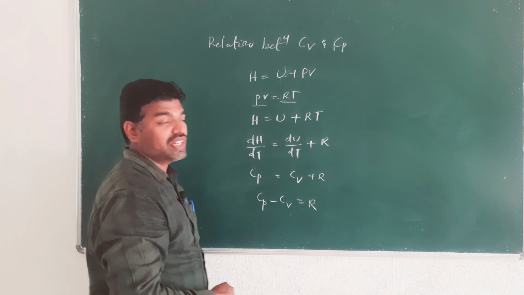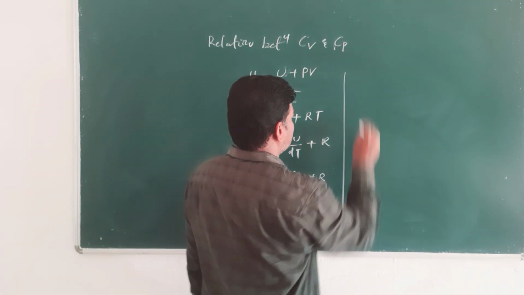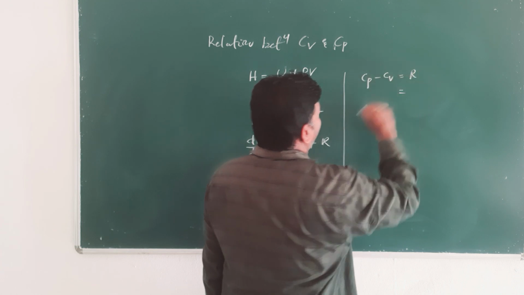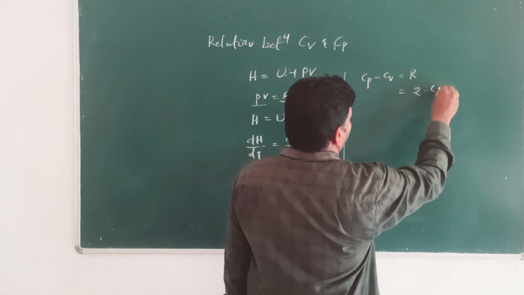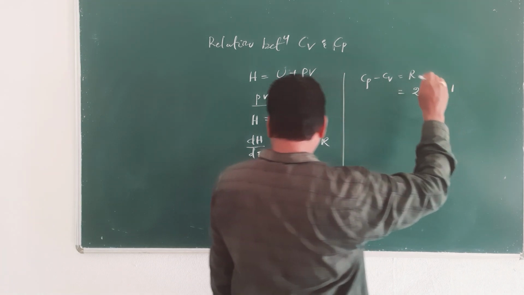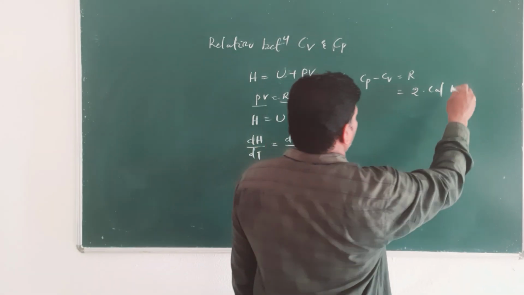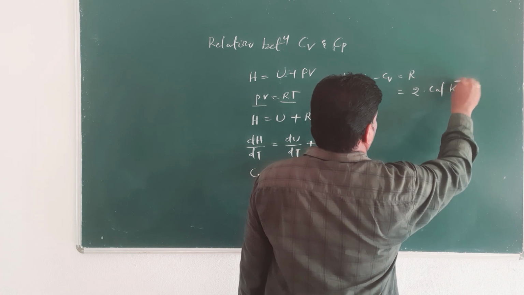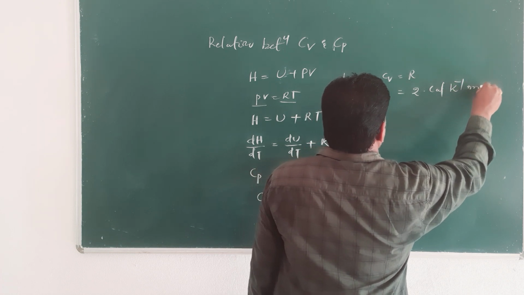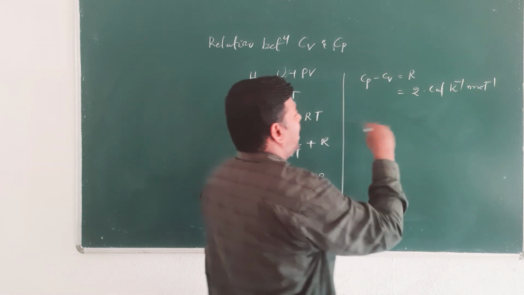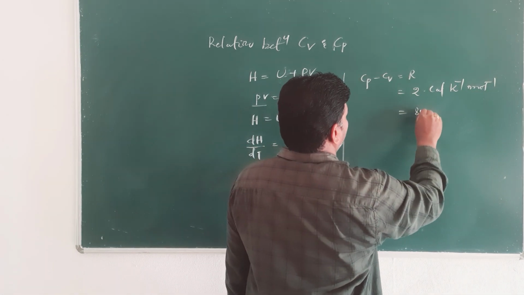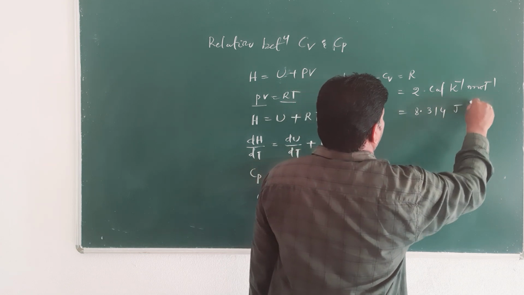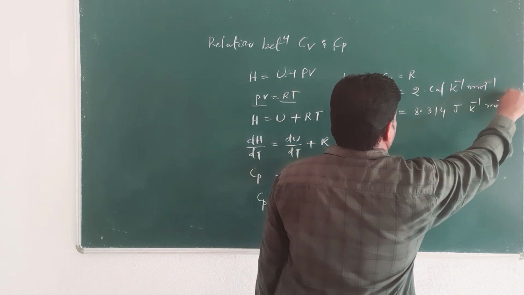So, the relation between Cp and Cv is Cp minus Cv is equal to R, where R is equal to 2 calories Kelvin inverse mole inverse, or 8.314 joule Kelvin inverse mole inverse, right.